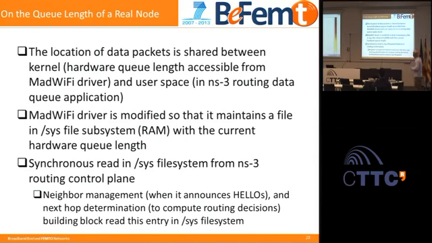What we did is to register the hardware queue length on the RAM file subsystem, which is a file subsystem which is quick and fast to be accessed by the NS3 application. And so we can get, thanks to this file, the hardware queue length. This hardware queue length is sent to the NS3 application, and so we can get here the total queue length of the node.